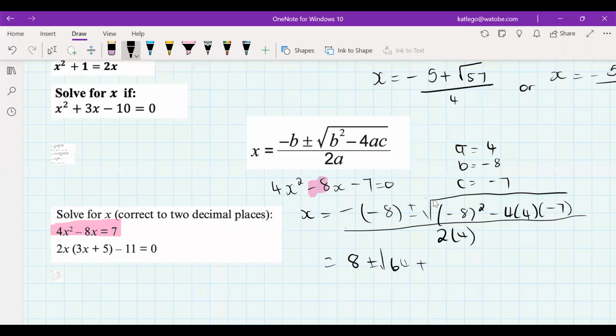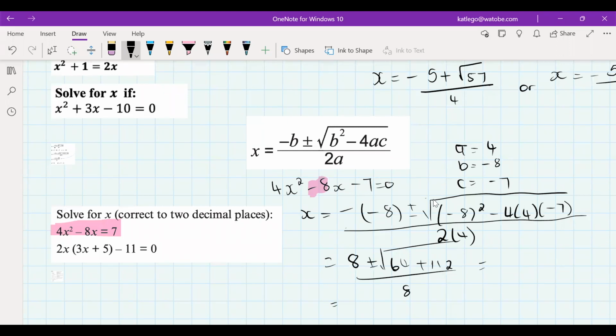Nope, I'm not going to do this in my mind. Let's see. It's 4 times 112. So 112 all over 8. And then under your square root, you're going to have 64 plus 112, which is 176.